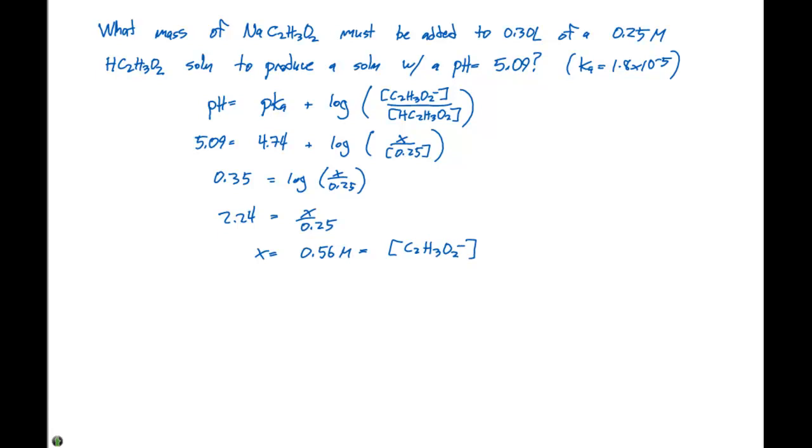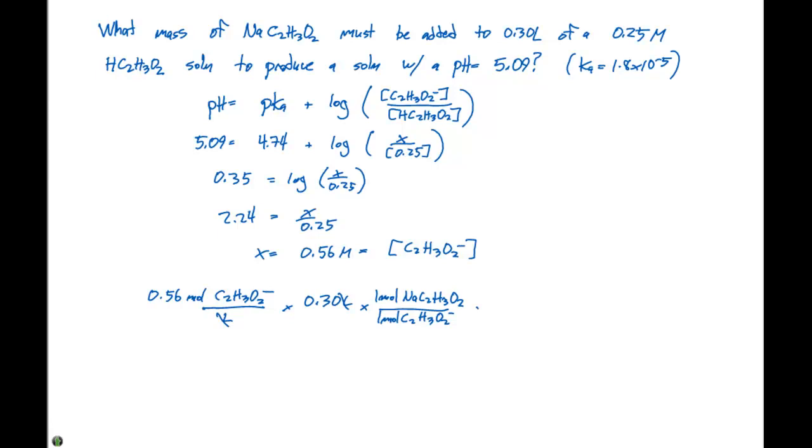So if we have 0.56 moles of C2H3O2 minus per liter of solution times 0.30 liters, our liters cancel out and we're left with moles of C2H3O2 minus. For every 1 mole of C2H3O2 minus, there's going to be 1 mole of NaC2H3O2.